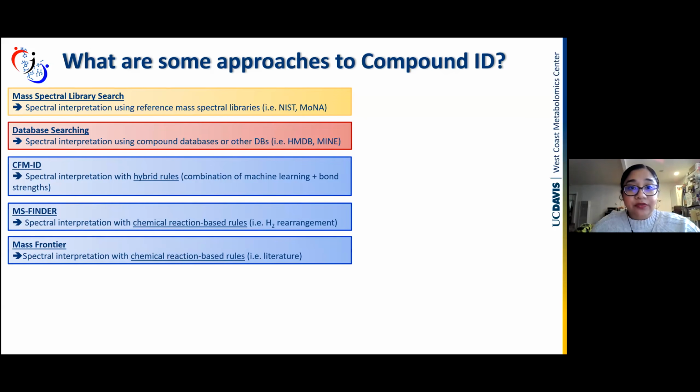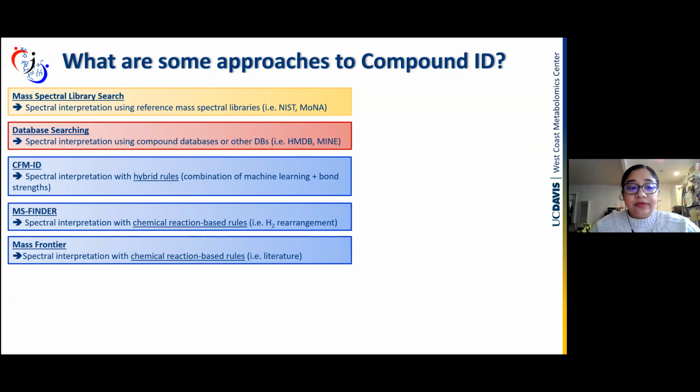Then you have Mass Frontier, which is a commercially available tool by Thermo. It's a wonderful tool that I've used in the past. It also does spectral interpretation by chemical reaction-based rules, but it determined all of the fragmentation rules, approaches and mechanisms based on literature.